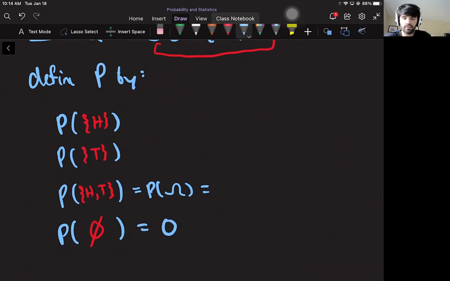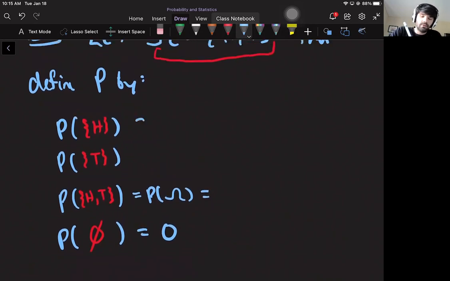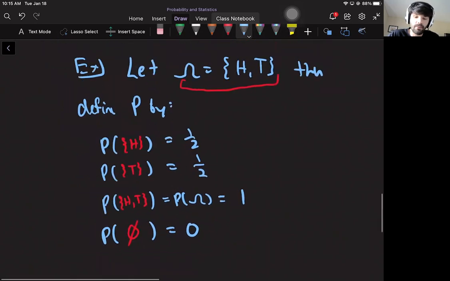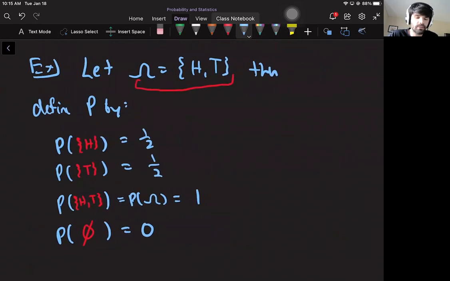You can think about it as the probability that none of the outcomes happen is going to be 0, because one of the outcomes has to happen, because that's just how the experiment is working. Okay, so let's make this be a half so that it's like a real coin, this be a half, and then this has to be 1. So this is a probability function for this sample space.